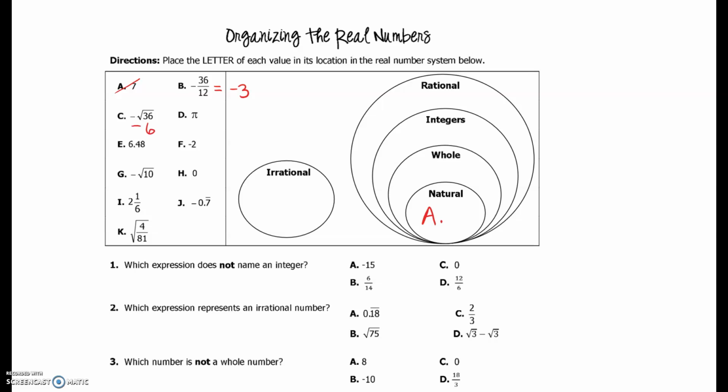And there's one other one here. If you get down to letter K, you really should take the square root of the top and the square root of the bottom. So the square root of 4 is 2, and the square root of 81 is 9. So this crazy looking expression, letter K, is actually equivalent to 2/9.